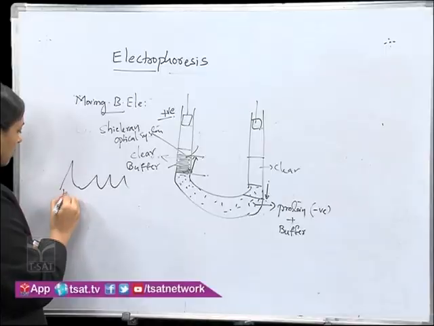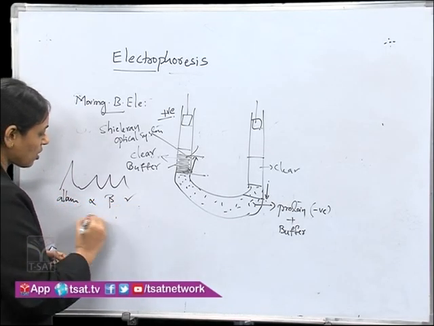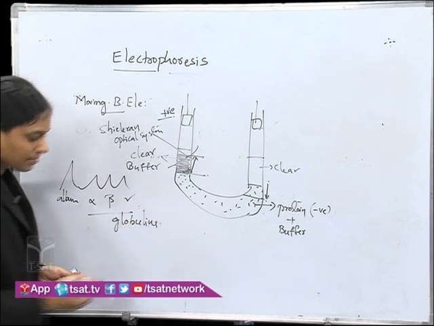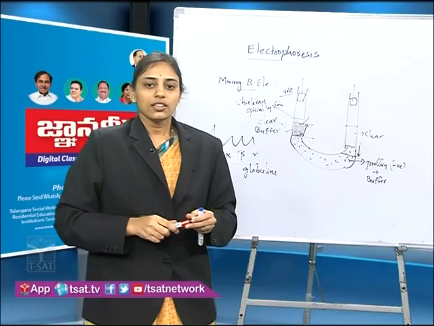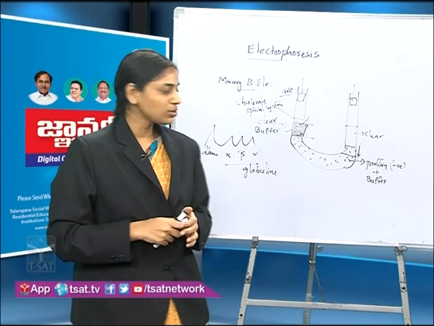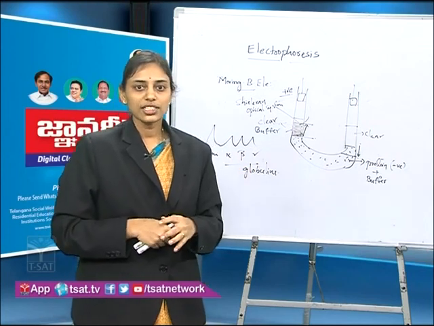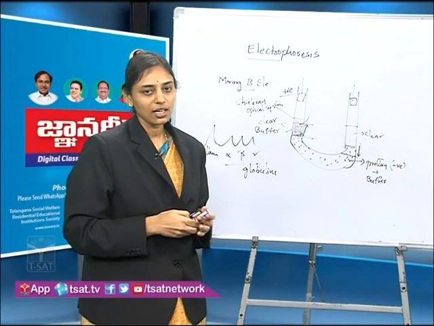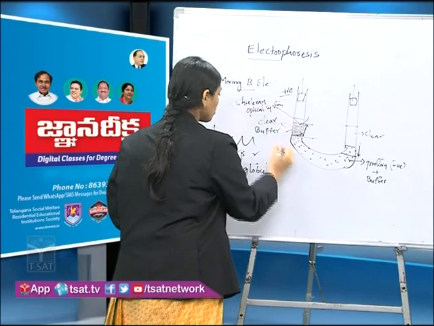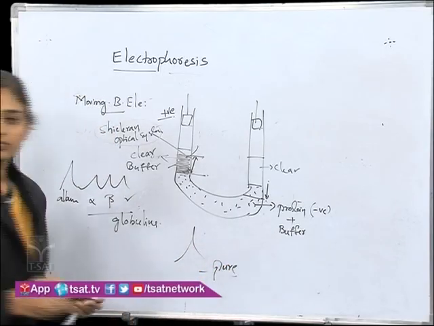Those are albumin, alpha, beta and gamma globulins. This technique is not very widely used now, but it is still used to check the purity of the proteins and also to separate the proteins. If the protein is pure, then this optical system would give a single peak, which means the protein is pure.